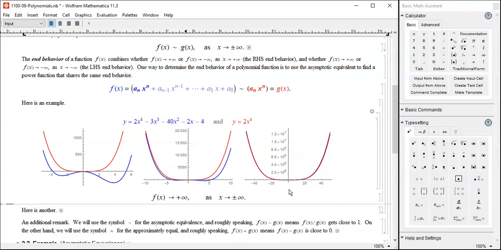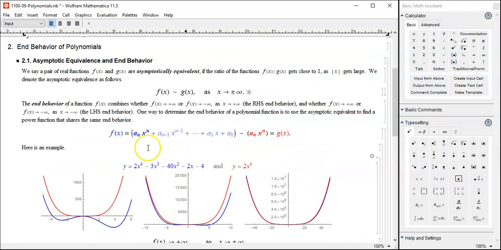They share the same end behavior. This one, complicated. This one, easy. But they're the same. So what can you say about this polynomial function? Just disregard lower order terms and then answer everything about the power function given by the leading term. That's it. That's all there is.